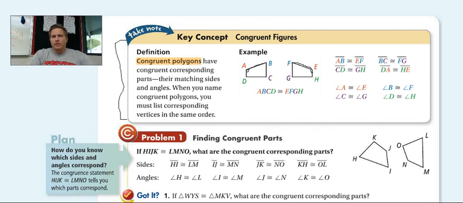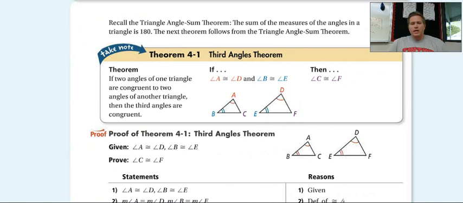Alright, we're going to write down this box right here and everything inside of it. This is called our third angle theorem. What it says is, if two angles of one triangle are congruent to two angles of another triangle, then the third angles are congruent. So if angle A and D are congruent, and let's say they are both 30 degrees, and B and E are congruent, and let's say those are 50 degrees, well, we know that the interior angles of a triangle add up to 180 degrees.